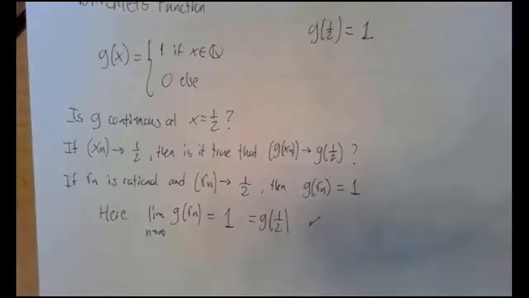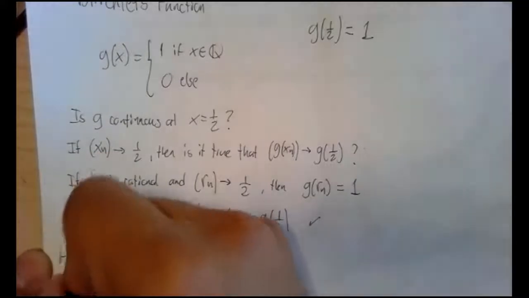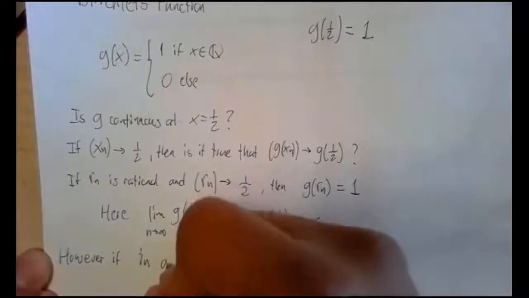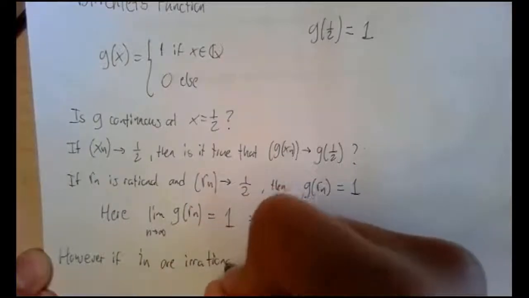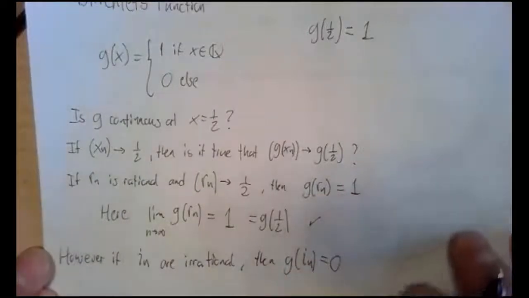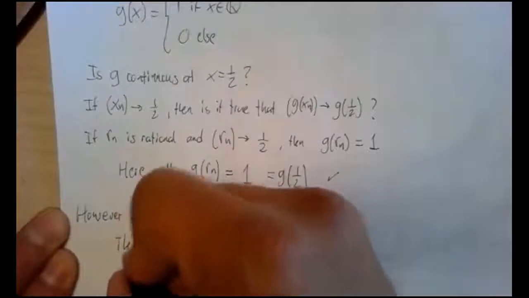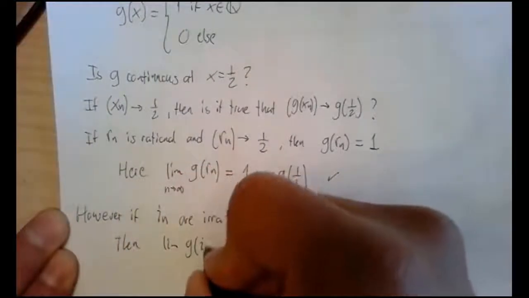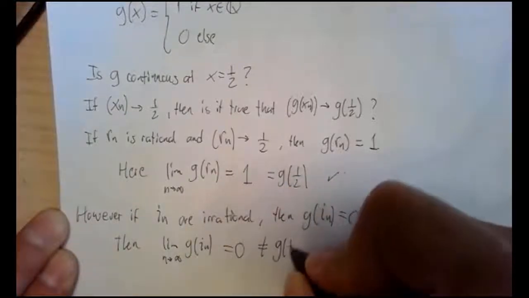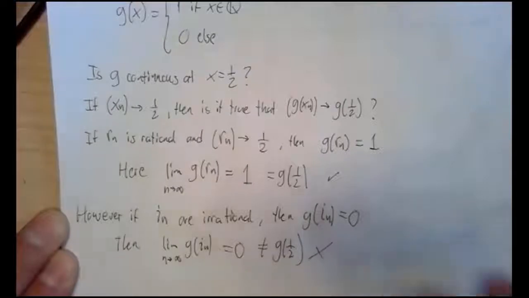However, many of you are already thinking, what if instead of using a rational number, we use irrational numbers? We can also take a sequence of irrational numbers that approaches 1/2, right? So, however, if In are irrational, then g of In is 0. And then the limit of g of In will be 0, which is definitely not the same as g of 1/2, right?